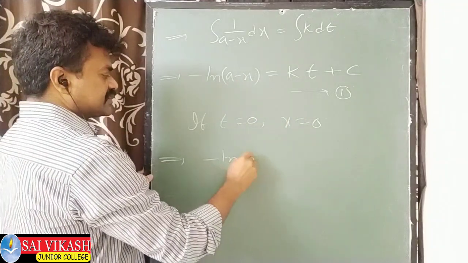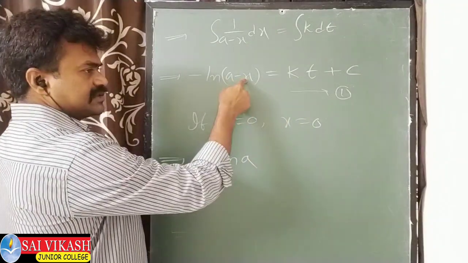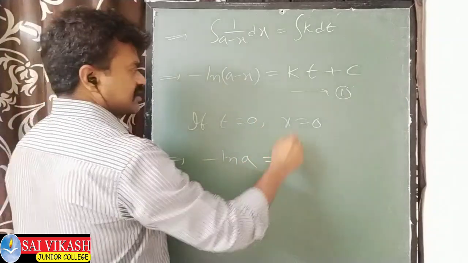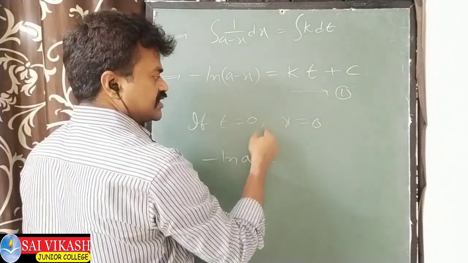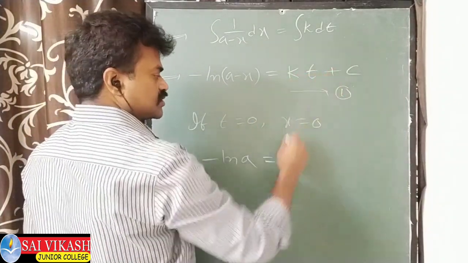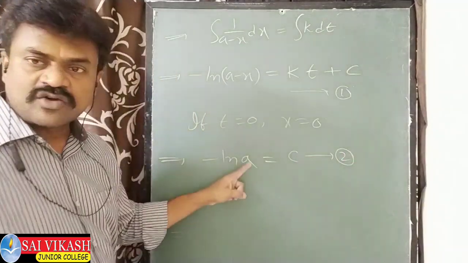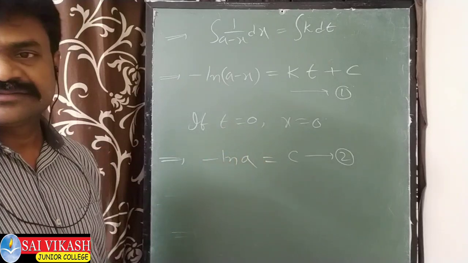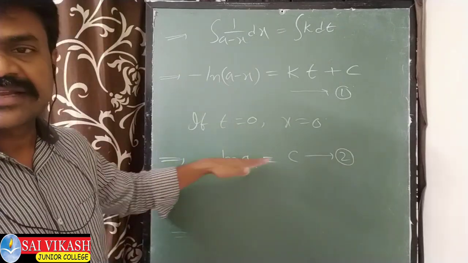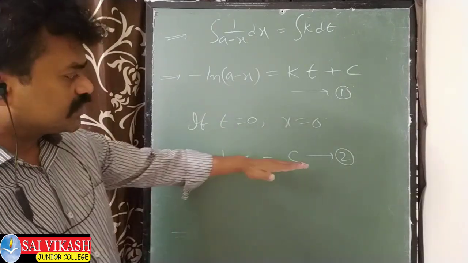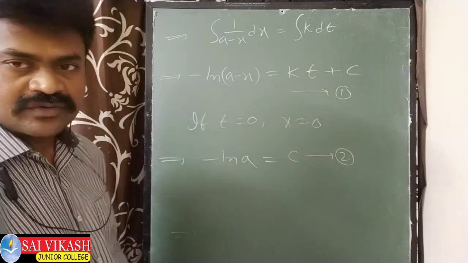So minus ln(a minus x) means minus ln a, is equal to k into 0, which is 0. So it's c आ जाएगा. So this is equation number 2. Now we got the value of c there. So c is minus ln a. Substitute 2 in 1 now.